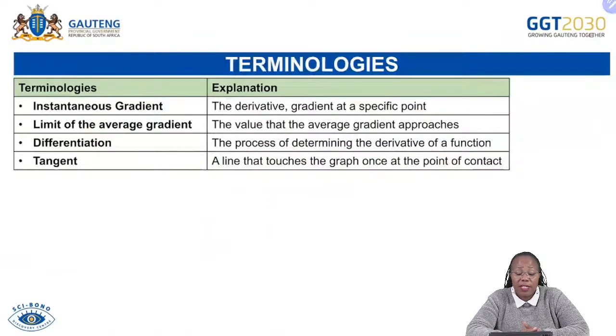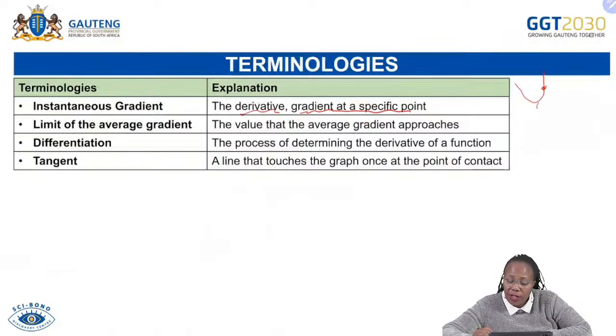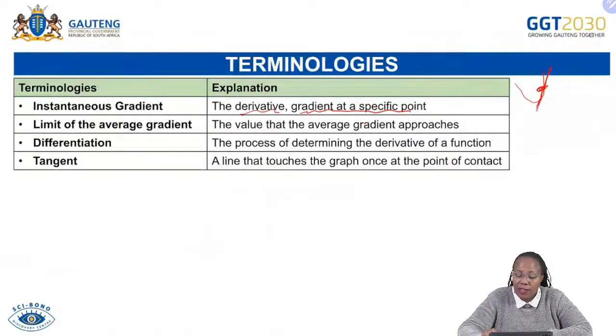Instantaneous gradient is the derivative, the gradient at a specific point. That means it's a gradient at a specific point. That means now it's the gradient of a tangent to a particular graph. For example, if you have a parabola and then there's a tangent that is touching that parabola at one point like that, this is the instantaneous gradient that we are talking about at that particular point there.